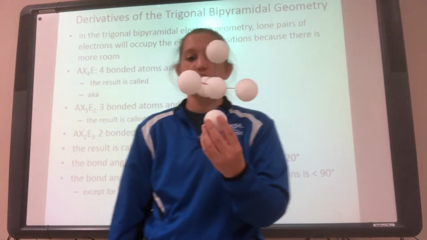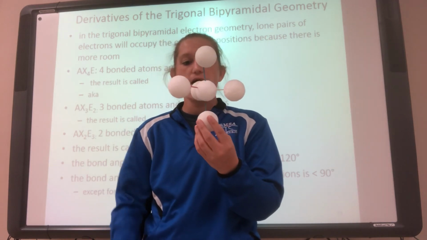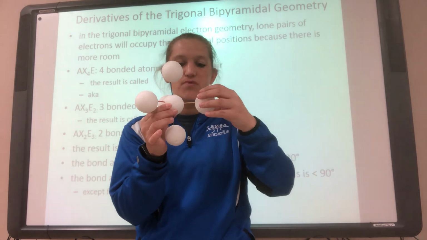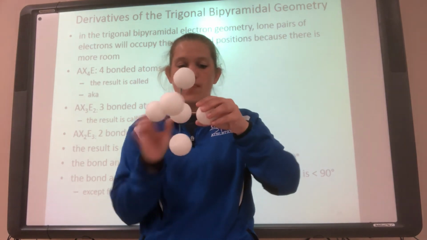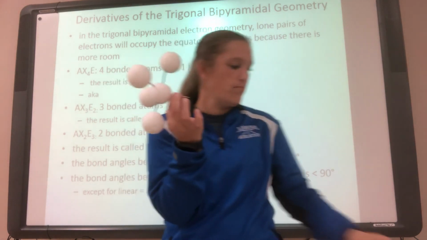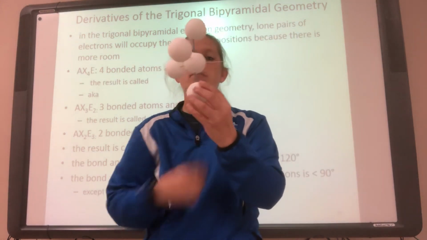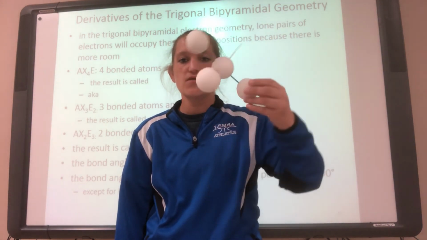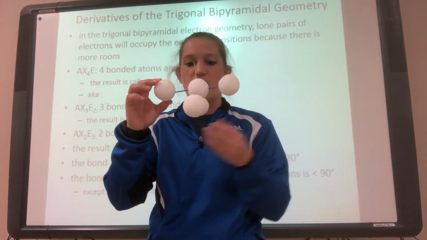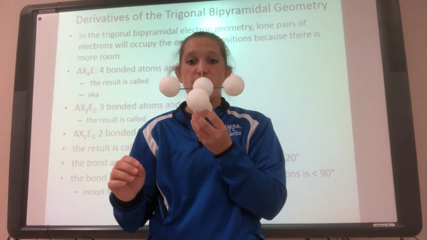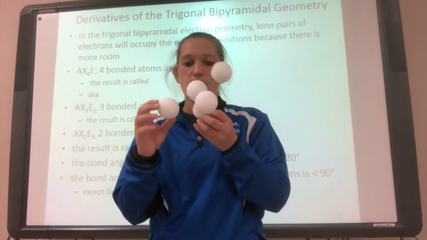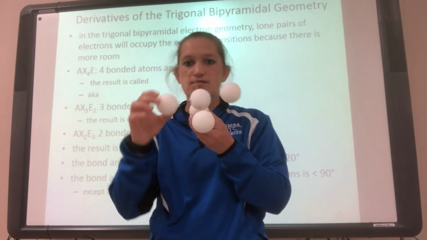So here it is. Here is my trigonal bipyramidal. And so not the axial, but the equatorial. So he becomes a lone pair. Make him a lone pair. All right, so here's my lone pair. Now, how do we figure out what this is? If I were to tilt it a little bit like this, it actually looks like something you might have played on in kindergarten that went up and down, side to side.